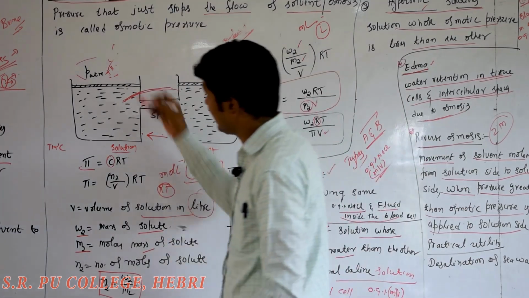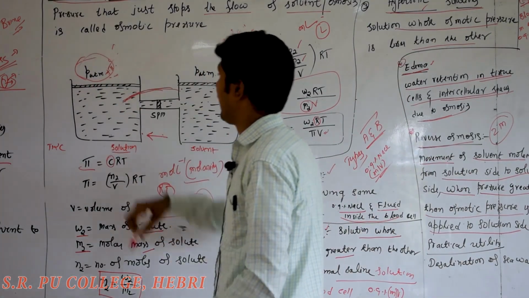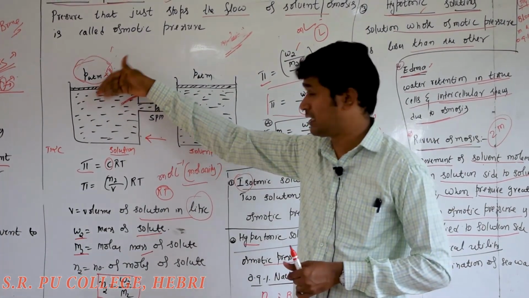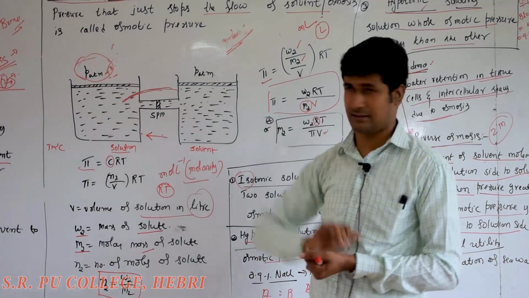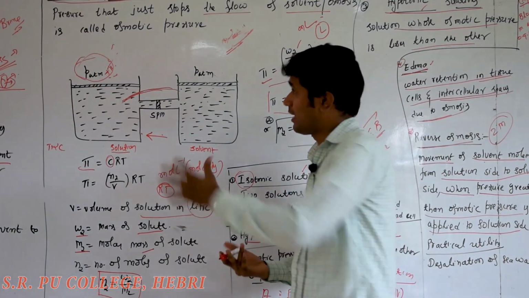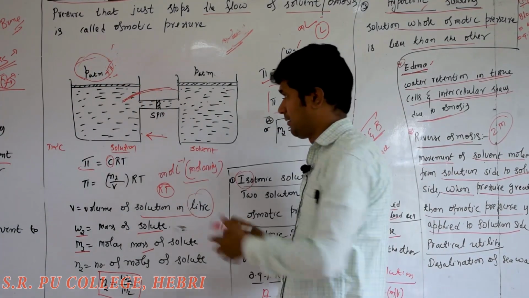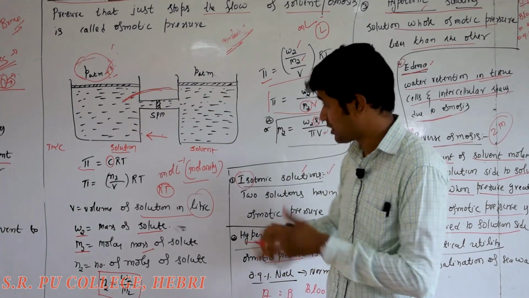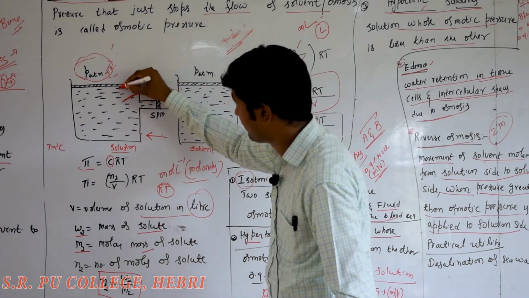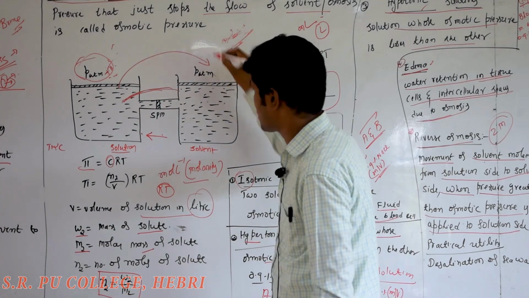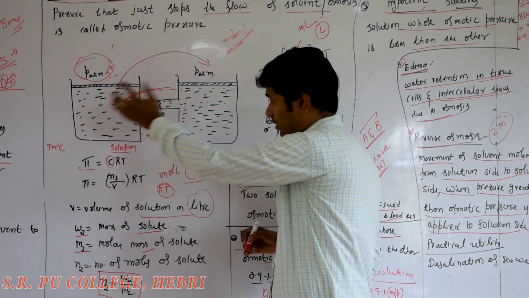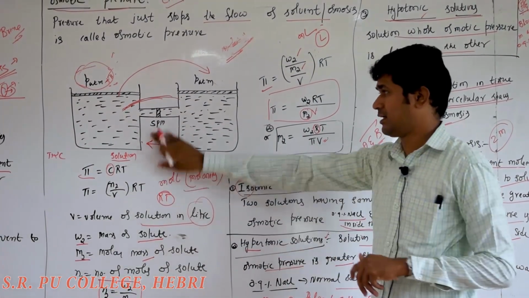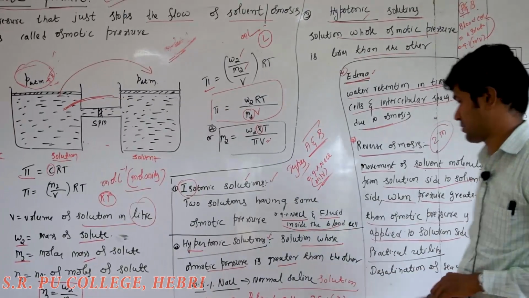Now if you further increase the pressure at this side, again there is imbalance in the pressure. So in order to maintain equilibrium, solvent molecules start moving from the solution side to the solvent side. Solvent molecules will be squeezed from the solution and enter into the solvent side. So this is known as reverse osmosis.